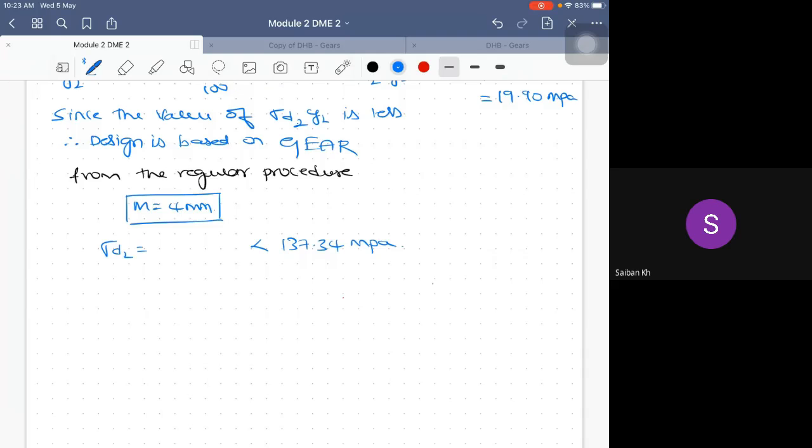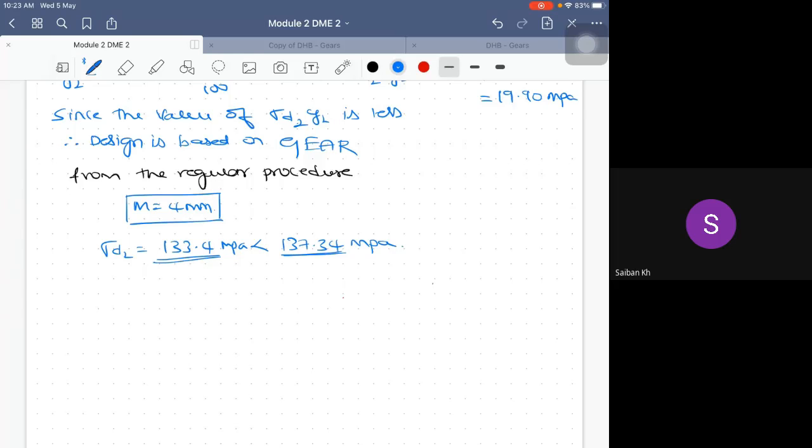How much is the value? 133.4 megapascal. So I guess the factor of safety would be very, very less. See, 137 is the allowable stress value, but you are applying 133. Only 5 megapascal difference. That's it, to the maximum.